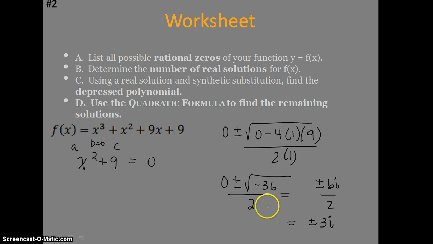So we have our two remaining imaginary solutions as plus or minus 3i. In this case, we actually could have just subtracted 9 and square rooted both sides and gotten x is equal to plus or minus 3i.